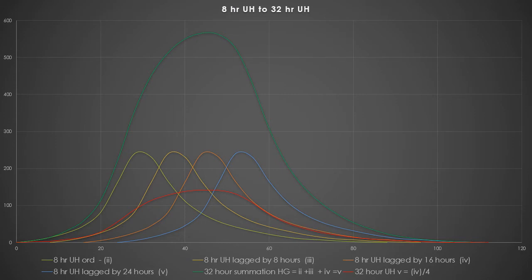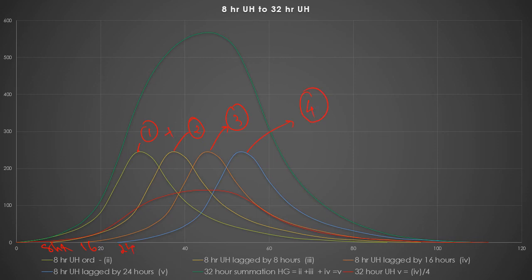Now these are the curves. First, what is given here is the 8-hour unit hydrograph. This is the first curve that is given. This yellow line is the second curve, that is the 8-hour lagged curve. This orange line is the third curve, that is the 16-hour lagged curve, and this blue line is the fourth curve, that is the 24-hour lagged curve.